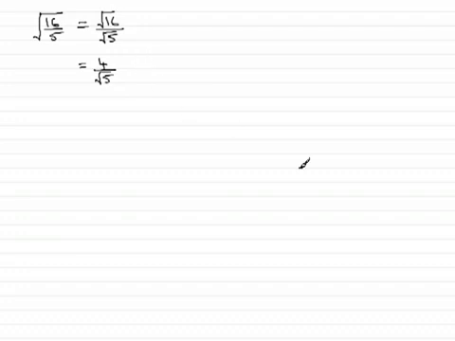To do this, we consider a fraction like this, in this case 4 over root 5. We can change the appearance of this by multiplying top and bottom by the same value. In this case we choose root 5.